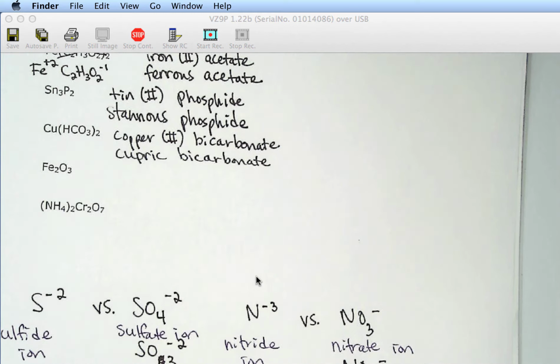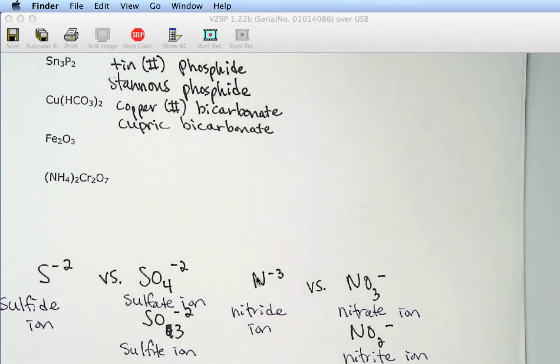But I most definitely will ask you to write the formula from a common name. So if I said the words cupric bicarbonate, you'd say, oh, I did not memorize that, I don't know what it means, I would know it if it was copper 2. Oh, so if we're going the other way. Right. Yes. Got it. Okay.